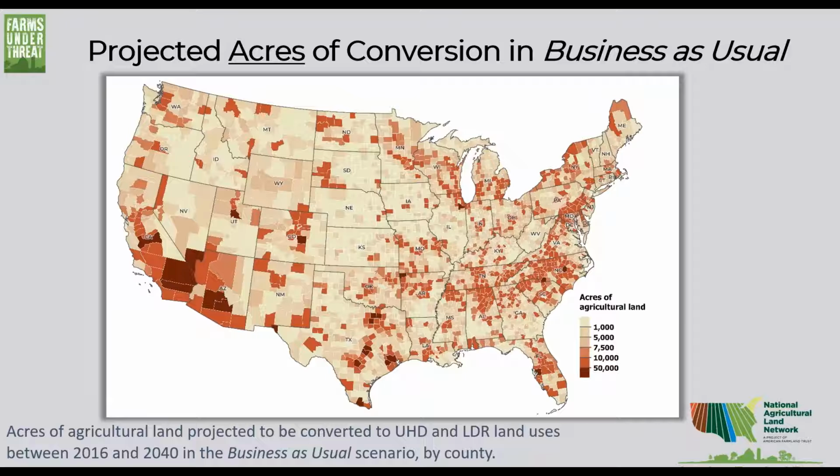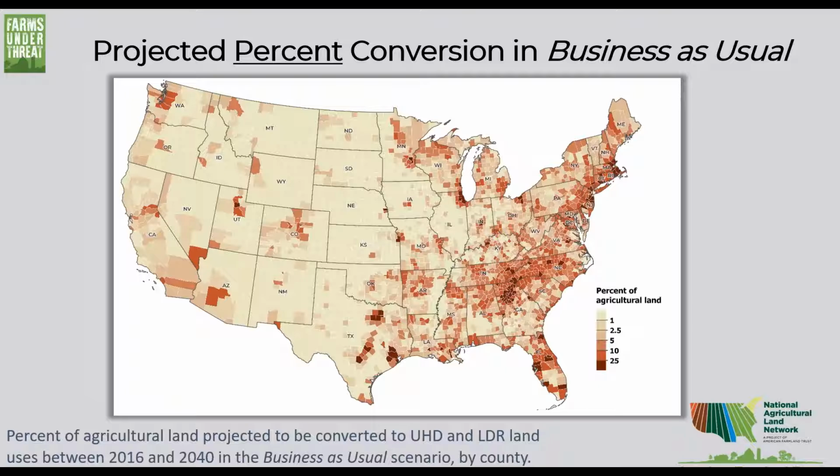This next slide compares the percent of agricultural land in each county that is projected to be developed. And again, there is not a whole lot of difference in Illinois in these two, but you see that there are pockets where there is conversion in other parts of the state as well.